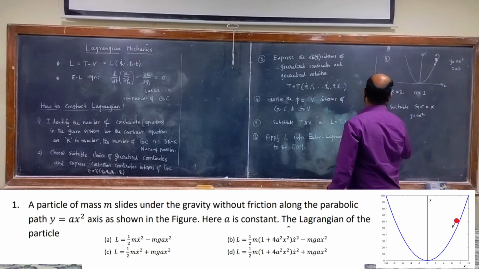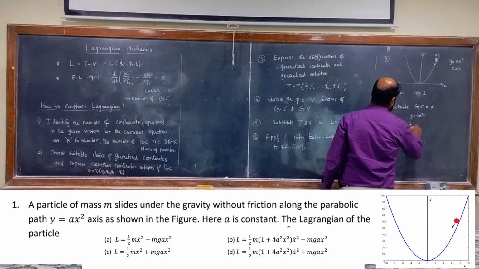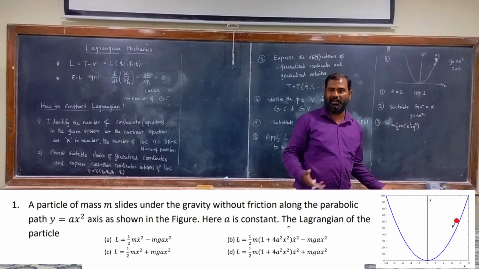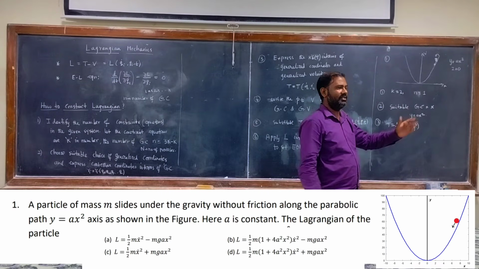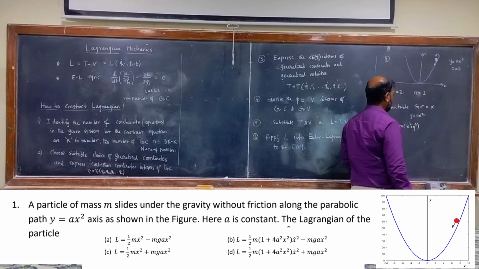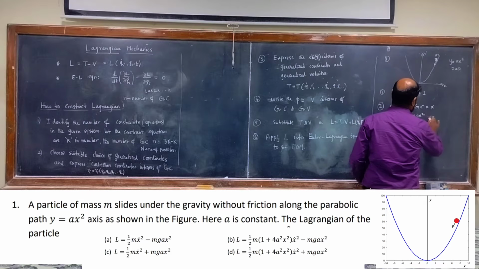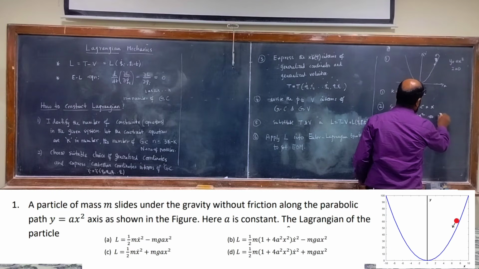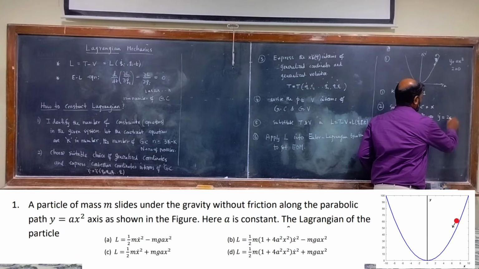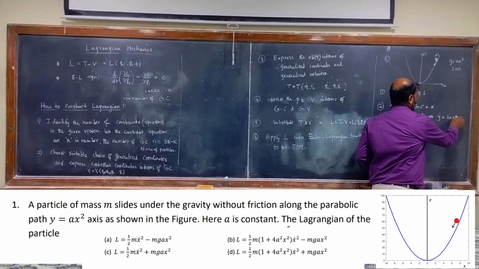Third step, kinetic energy. What is the kinetic energy? 1/2 m, of course z dot is zero, because there is no z direction motion. So x dot squared. What about y dot? y is a x square, so y dot is 2 a x into x dot. Very important.